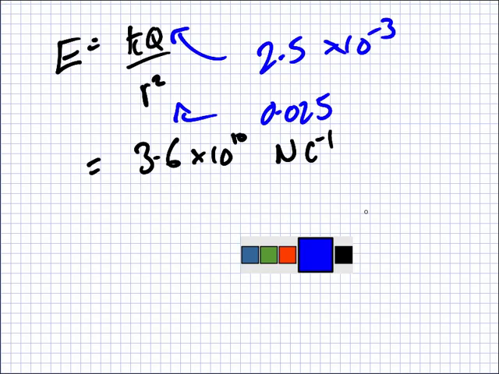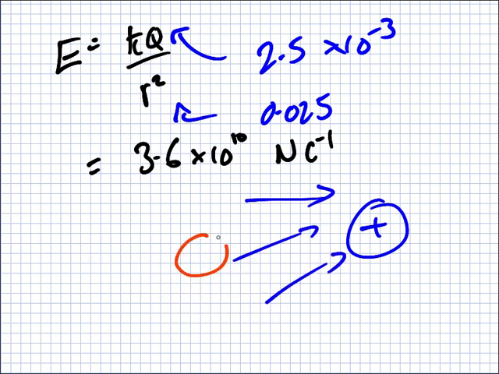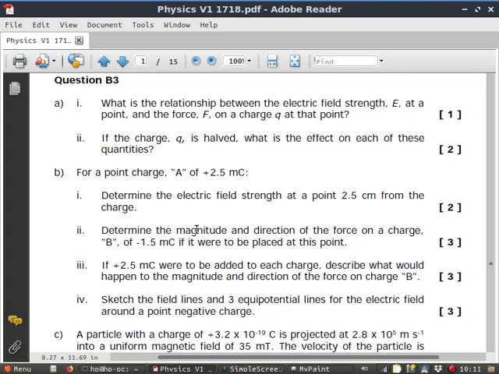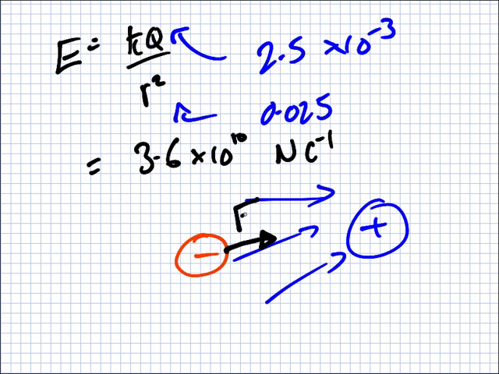So, this is a positive charge, and it makes an electric field. And here you now have a negative charge. So what will happen to the negative charge? It will be pulled in, won't it?